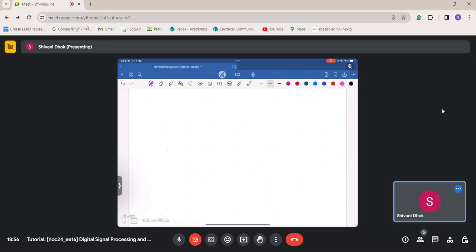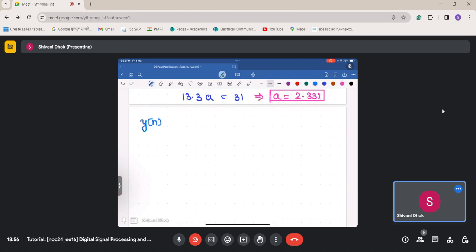Okay. So let's do that. We have y of n as a into 4 to the power n plus b into 0.5 to the power n plus c into 0.2 to the power n, and this is for n greater than or equal to 0.